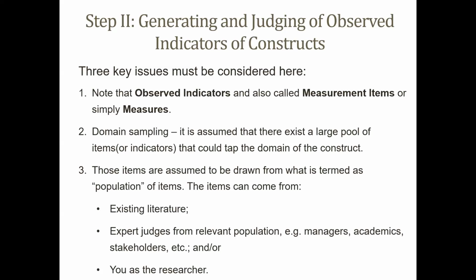Sometimes you, the researcher, can become the source because it might be a new notion you are introducing. You must go through the toil of defining it clearly and defining its features and its domain, and then coming out with tentative measures for that concept.